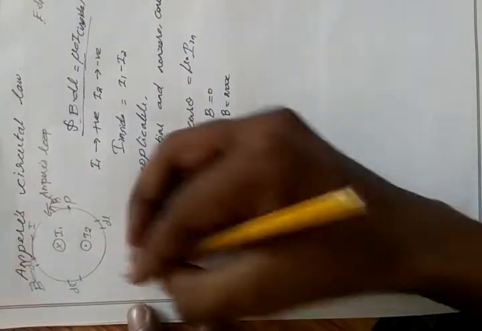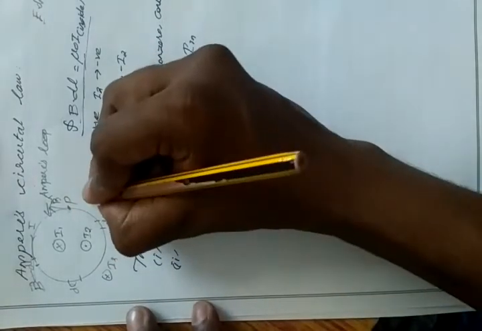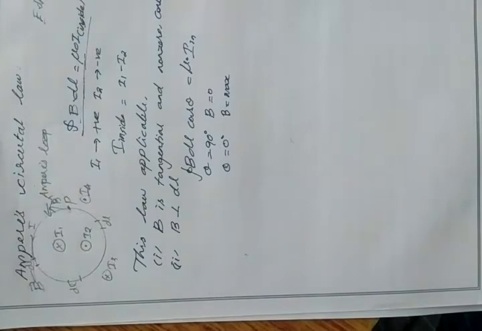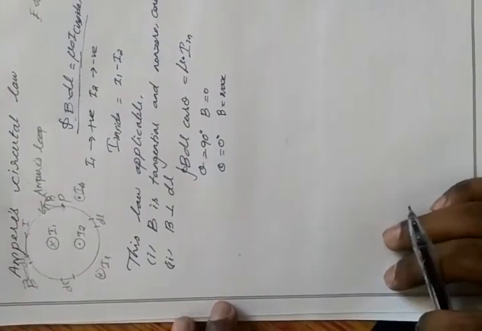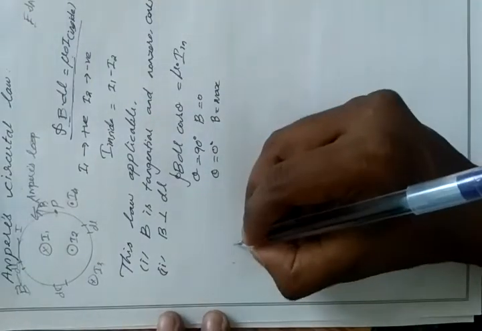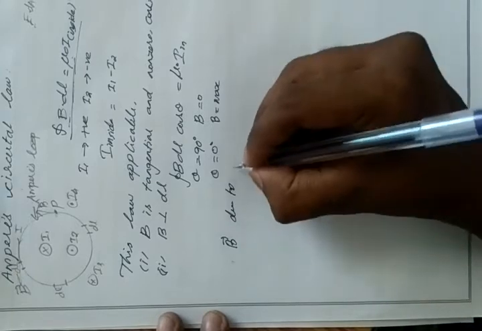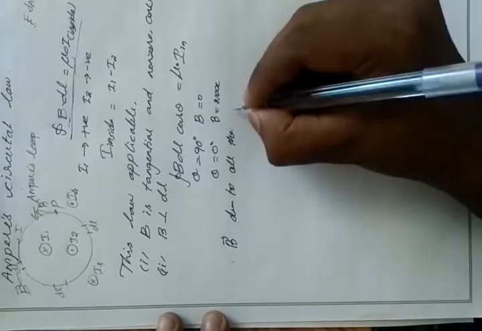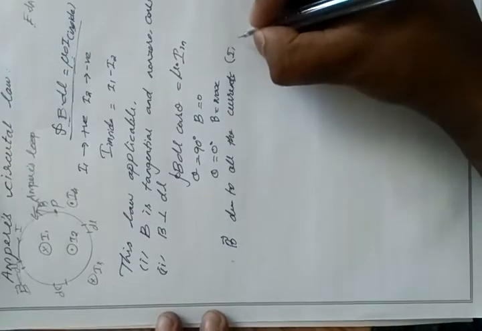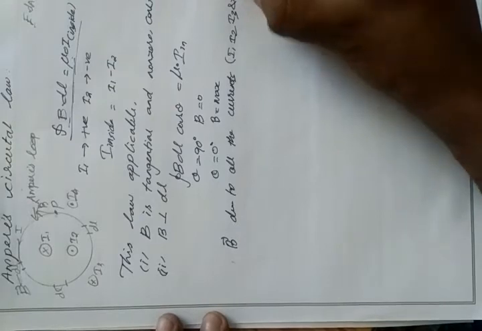If I take another two currents, like this is our I3 and this is our I4, then what is the value of B and I inside? Here B is the magnetic field due to all the currents, that is I1, I2, I3 and I4.